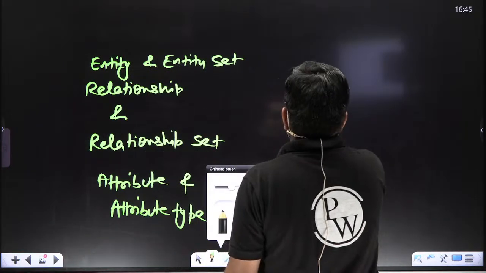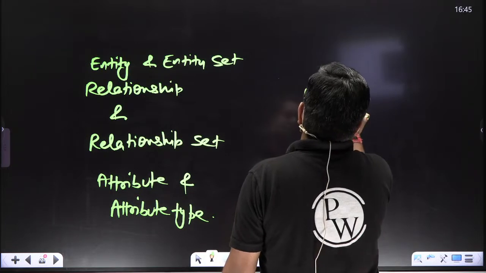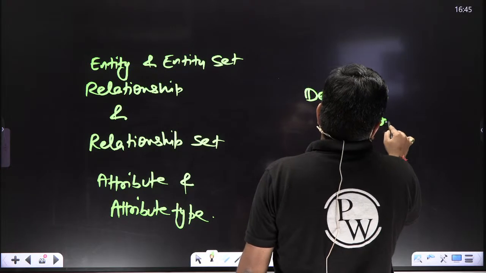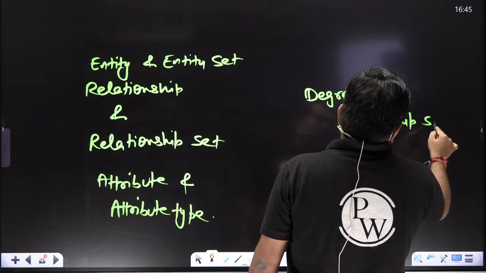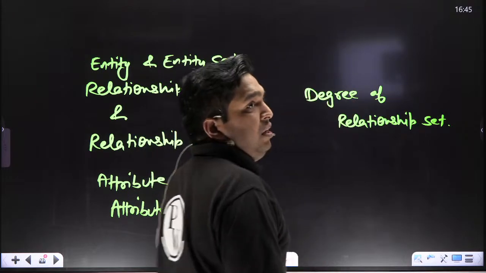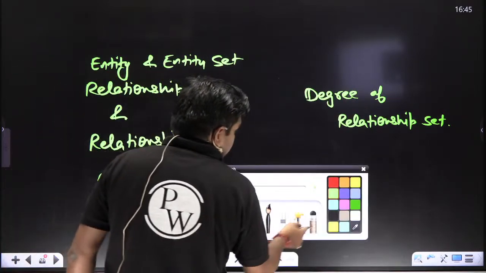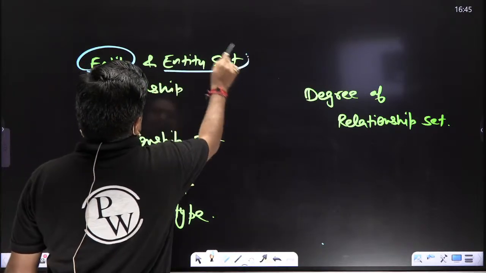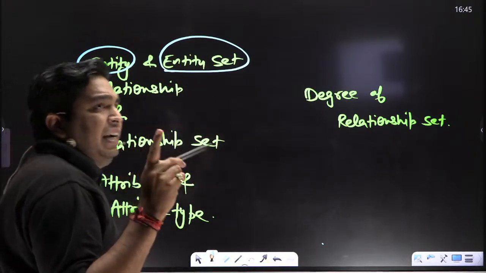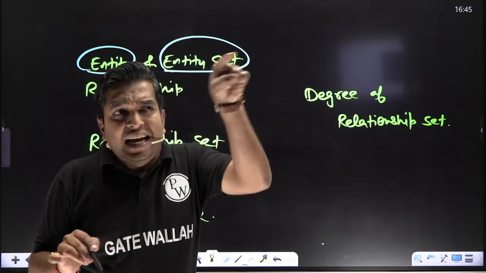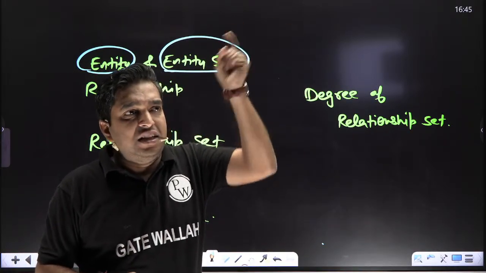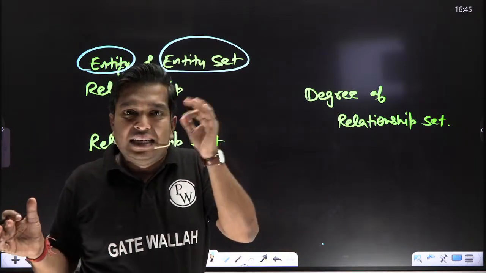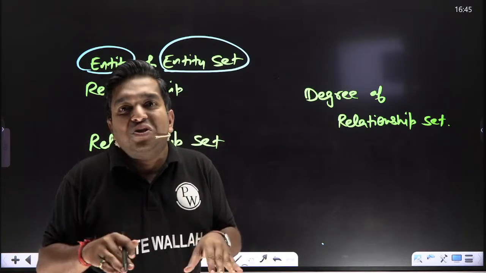Next, what are we discussing? Degree of relationship set. Listen carefully. Most of the students have doubt in entity and entities. Clear these things. Entity is what? Each and every candidate, like Sham, Seema, Jaideep, Shan, Adya Raj, Priya Chaudhary, each and every one is called an entity. And that collection is called an entity set.